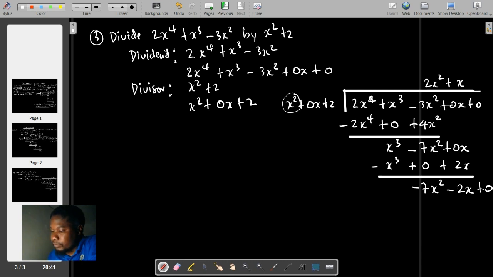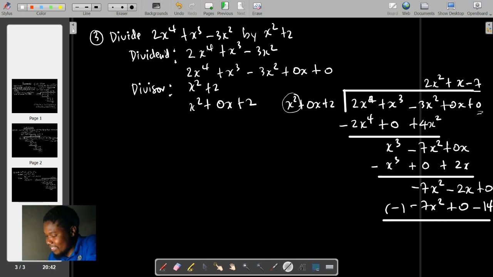And then x squared into negative 7x squared, what we get is negative 7 on top of the constant term. Negative 7 times x squared is negative 7x squared. Negative 7 times 0x is plus 0. Negative 7 times positive 2 is negative 14. Always take note of that. So we say minus.